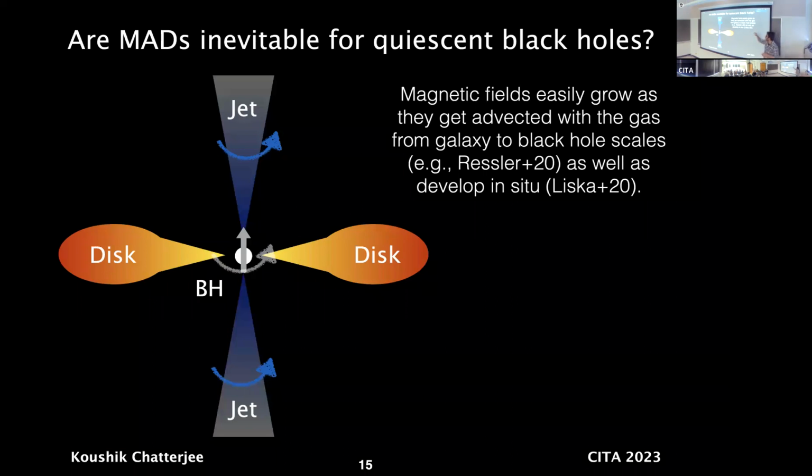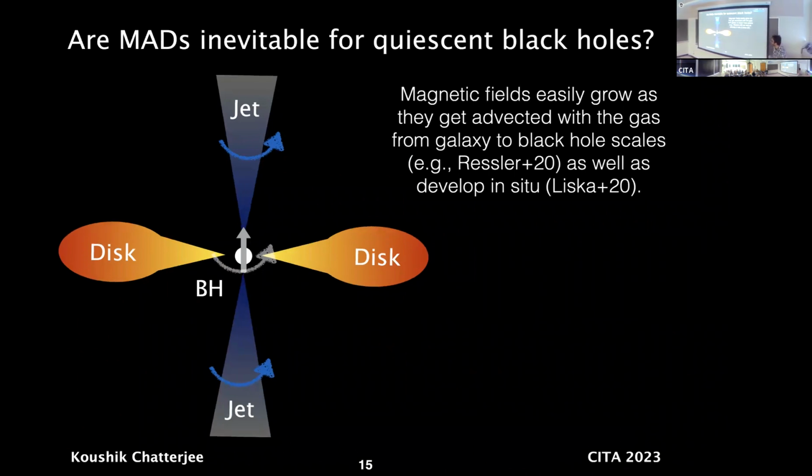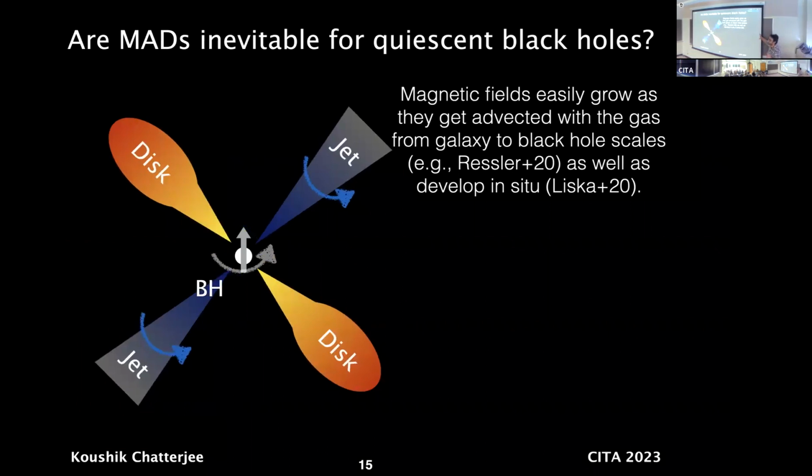And there was another paper led by Liska et al., where they found that even if you start with a toroidal magnetic field, a strong toroidal magnetic field, mind you, and have a thick enough disk, you can form polar magnetic fields just from the dynamo effect. And so that simulation also transitioned into the MAD state. So is there a way that we don't go MAD, let's say?